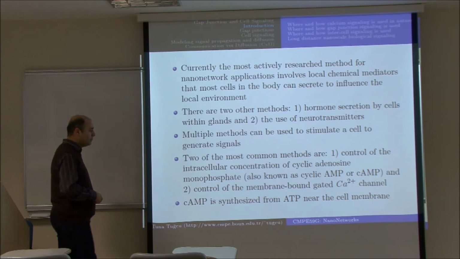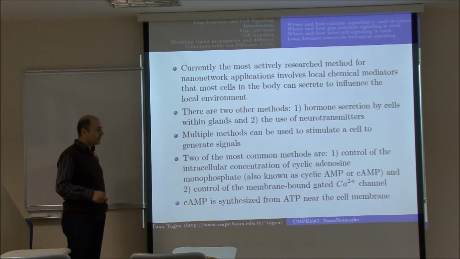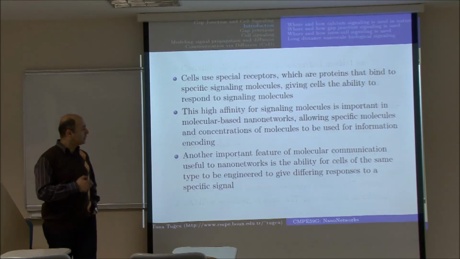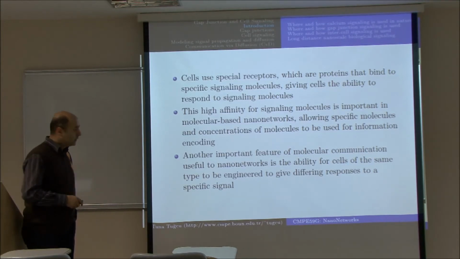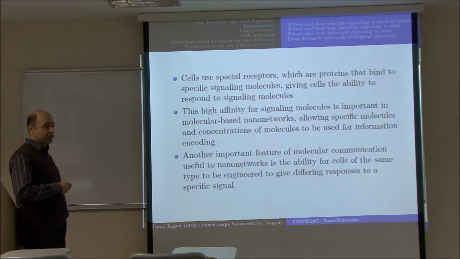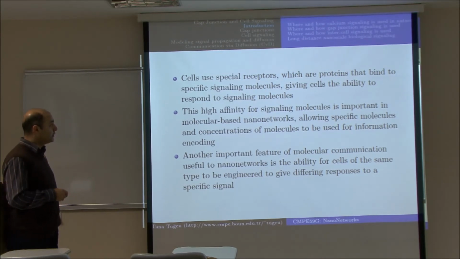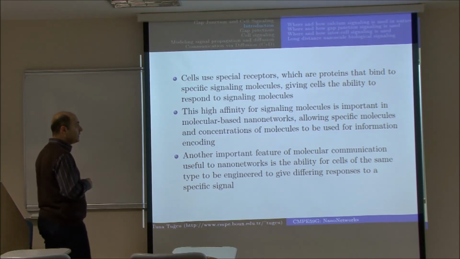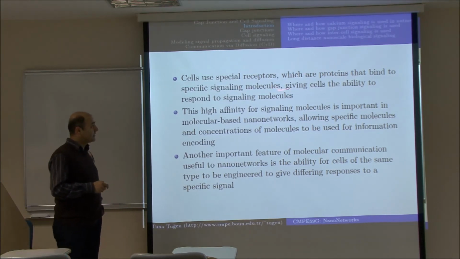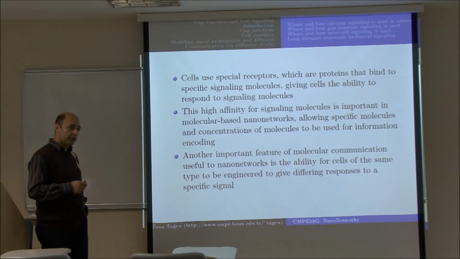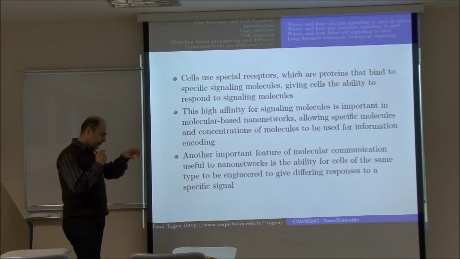And the cAMP is synthesized from ATP near the cell membrane. The cells use some special receptors, especially in the case of cAMP, which are proteins that bind to specific signaling molecules, giving the cells the ability to respond to signaling molecules. So what happens is the following.